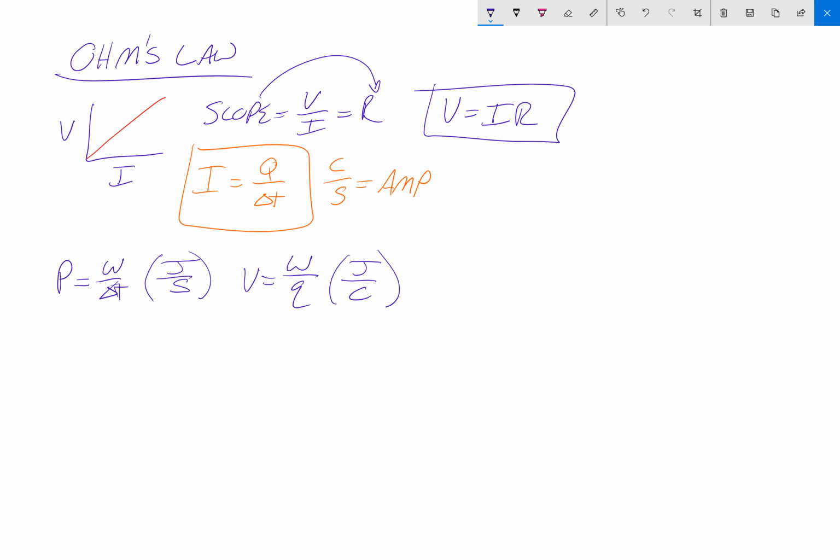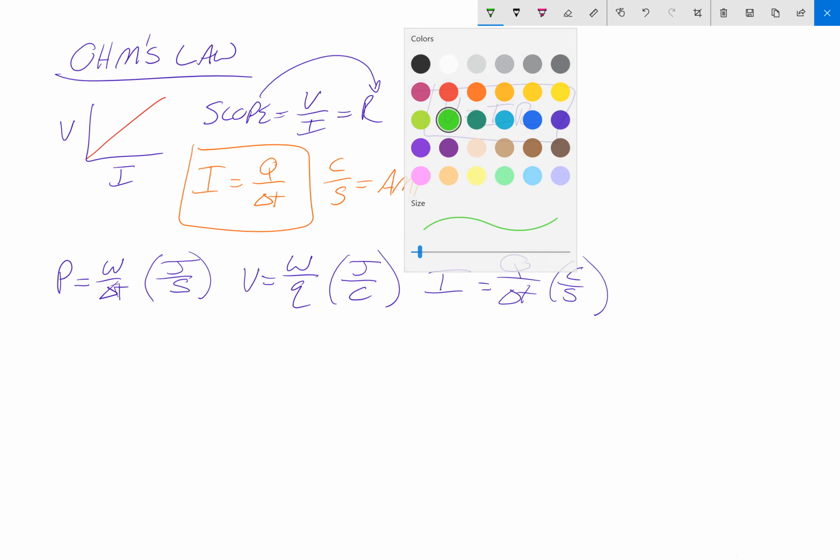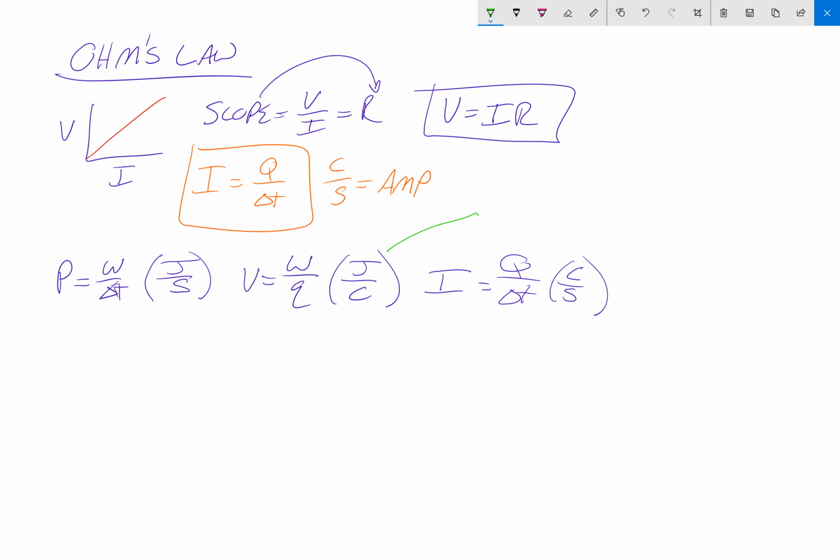Now, we have that current is total charge per unit time, or coulomb per second. So I was wondering if there's any way we could take these two values and put them together in such a way that we get units of joules per second.